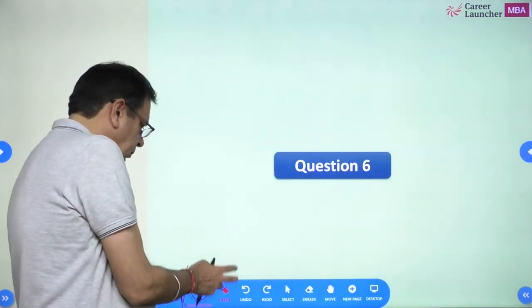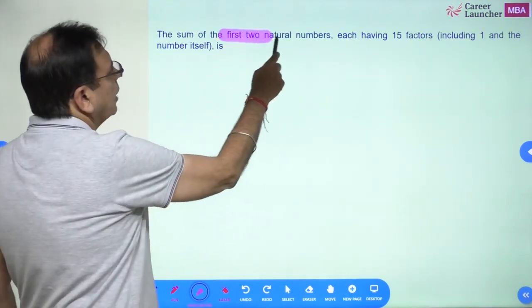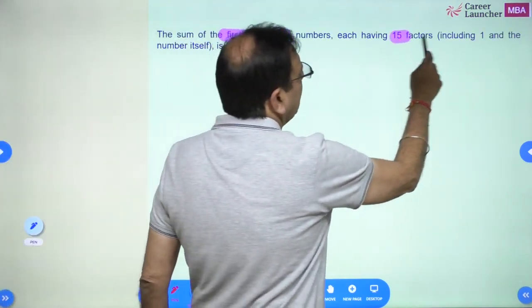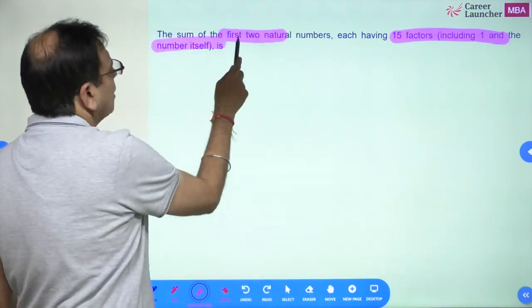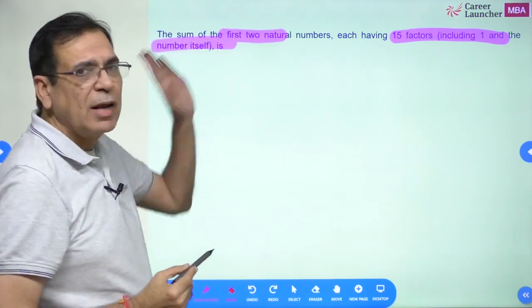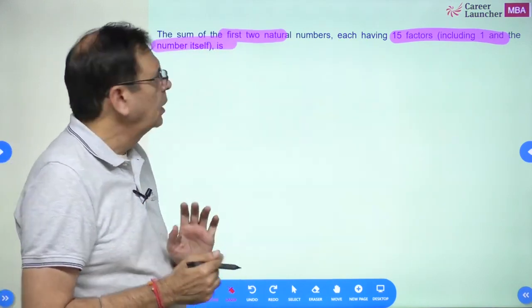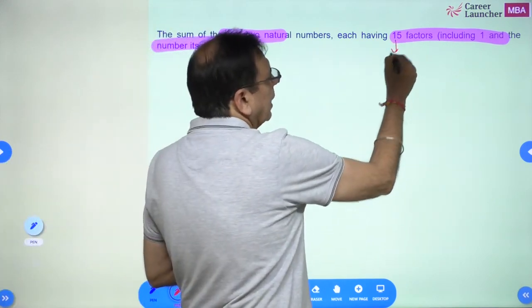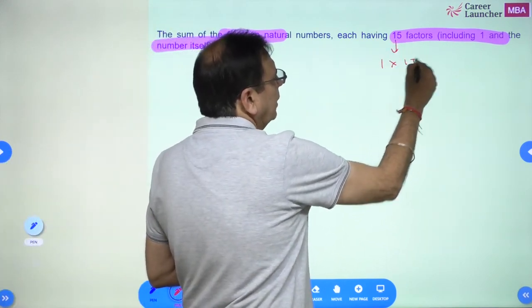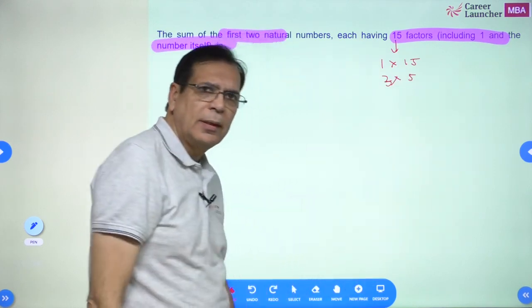Question number 6. The sum of the first two natural numbers, each having 15 factors including 1 and the number itself, is how many? Okay, we want to find the sum of the first two natural numbers, each having 15 factors. Okay, we want the two smallest natural numbers. तो 15 factors हैं किसी के, तो 15 क्या हो सकता है? 1 into 15 and 3 into 5. यही दो cases हो सकते हैं ना?